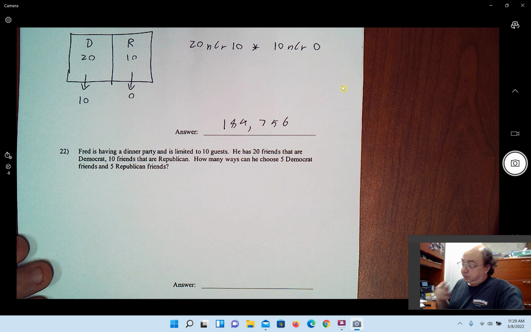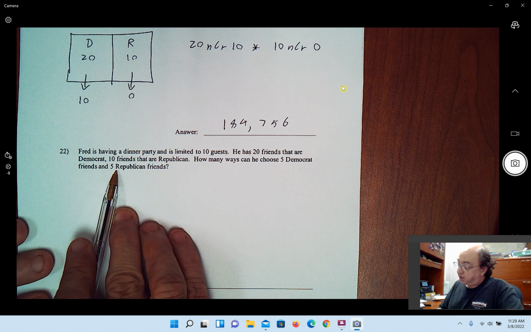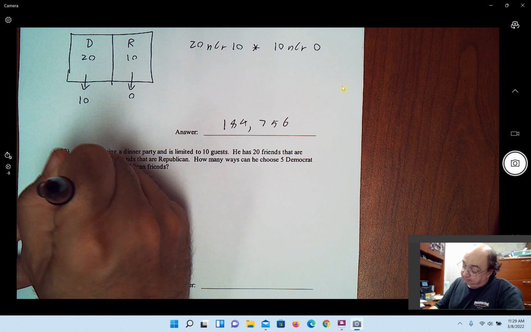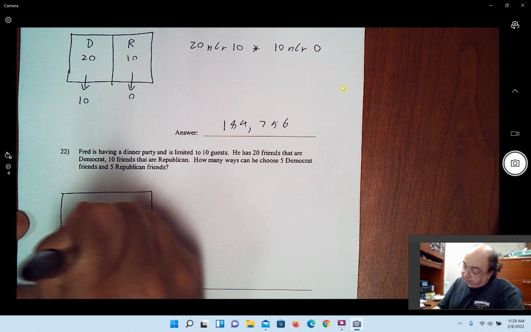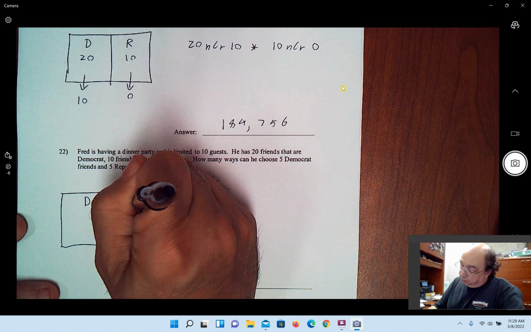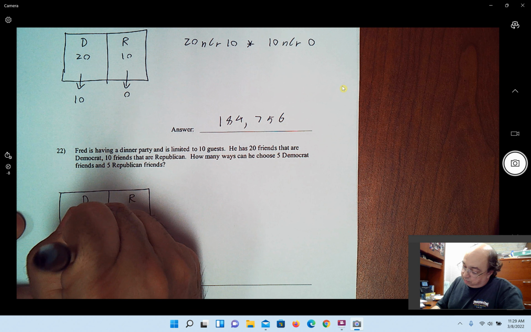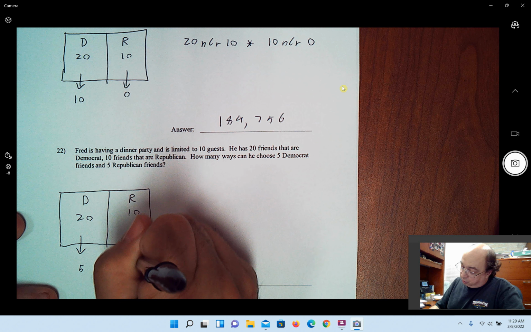All right, the next one. Well, this time Fred, he's going to choose 5 Democrats and 5 Republicans. So here's our Democrat group. Here's our Republican group. So we're going to be choosing 5 from each group.